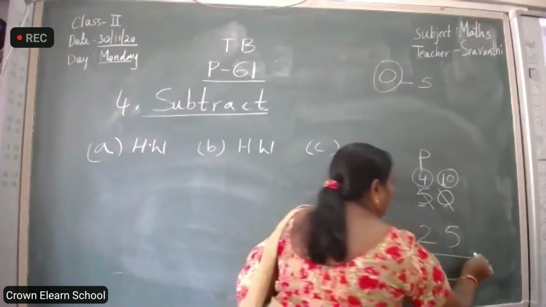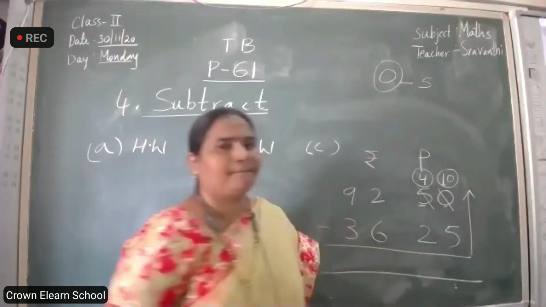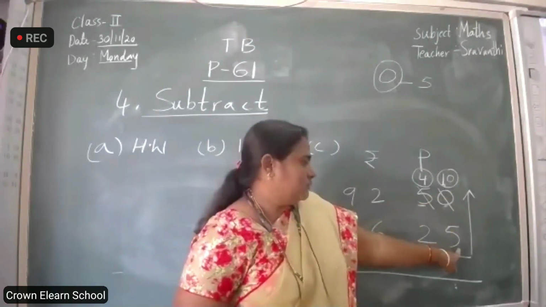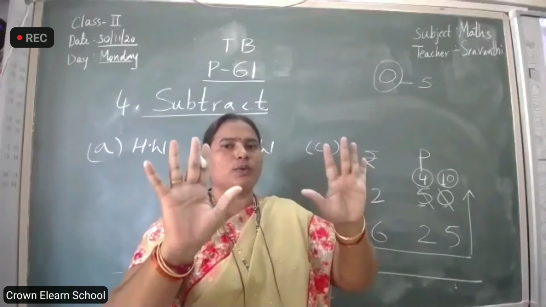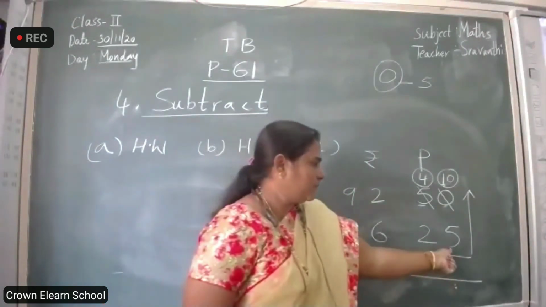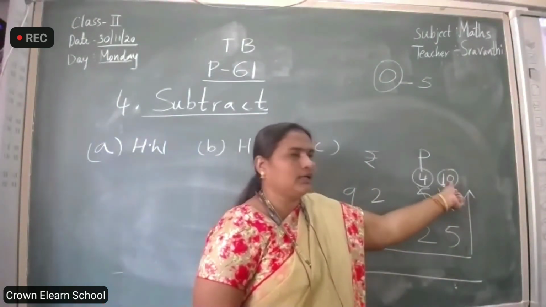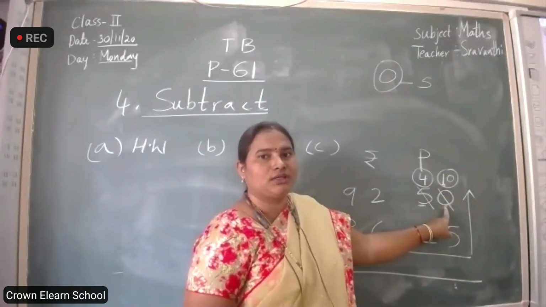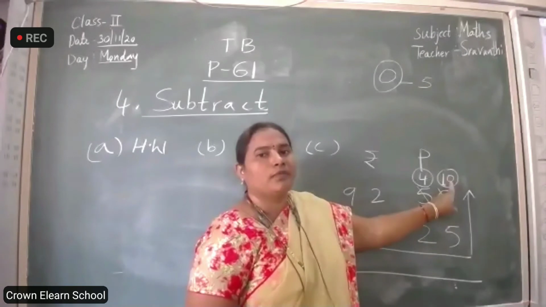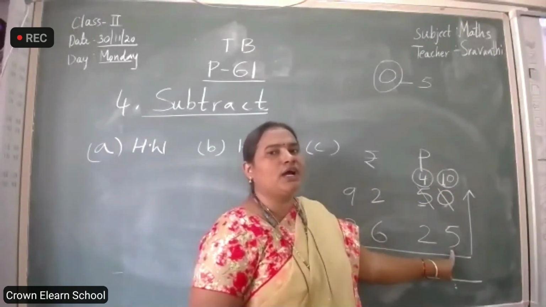Now you can do. Close all fingers. How will you do? Subtractions as usual. Close all fingers. 5 after till you get 10. You need not see 0. 0 is changed as 10. So 5 after till you get 10.